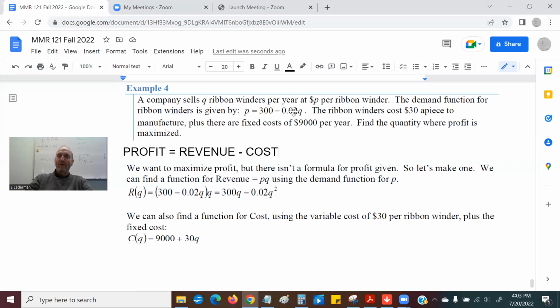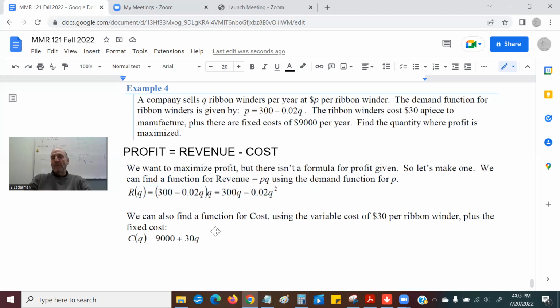Because that's given in the problem. And if I distribute the parentheses, I get R is equal to 300 Q minus 0.02 Q squared. Let's just hold that for now, because eventually we're going to take a derivative of it, but not yet. Let's get the cost first.